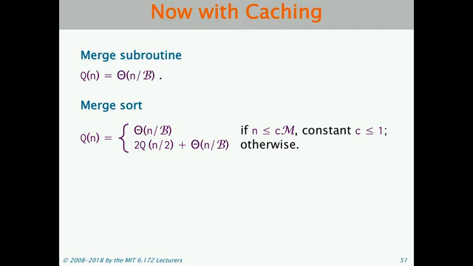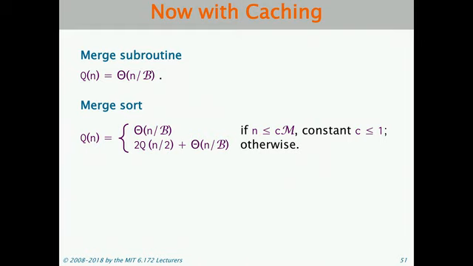This is because at this point, my problem size fits into cache, and everything else I do for that problem is still going to be in cache. To load it into cache in the base case, I need to incur theta of n over b cache misses. Otherwise, I'm going to have two recursive calls of size n over 2, and then I need to do theta of n over b cache misses to do the merge of my two results.